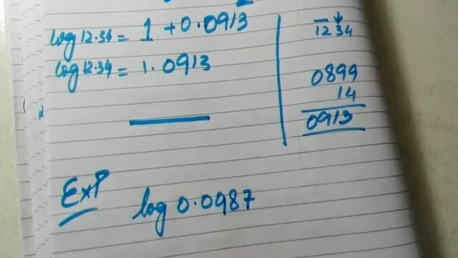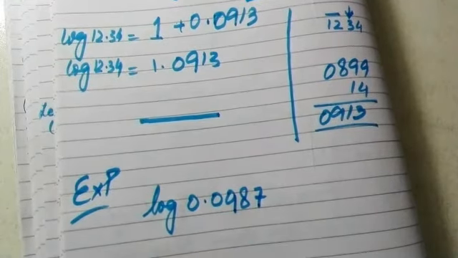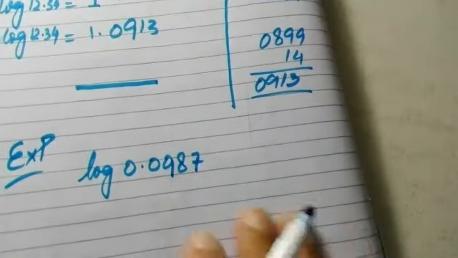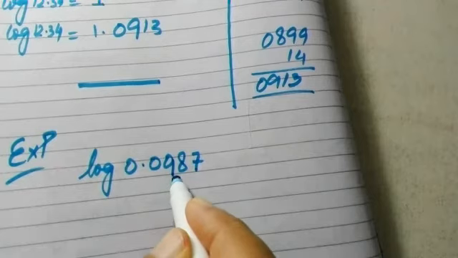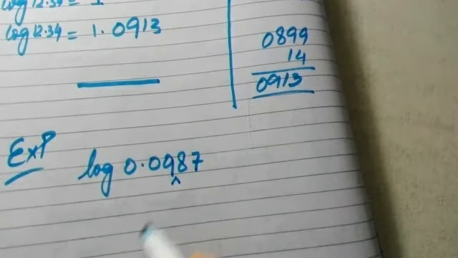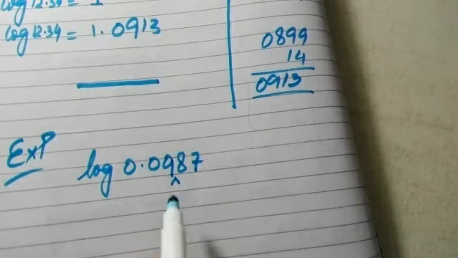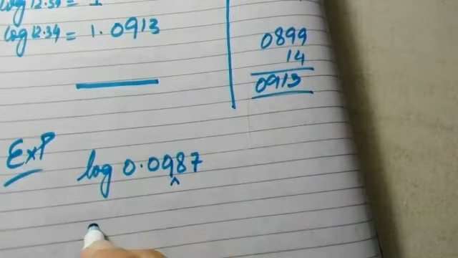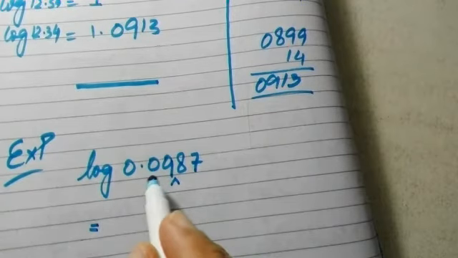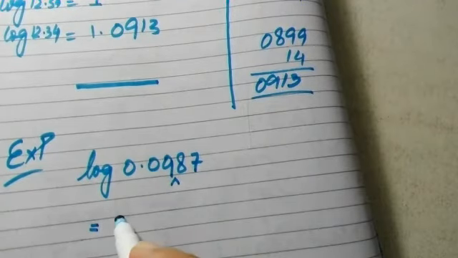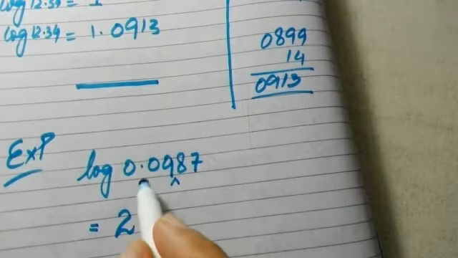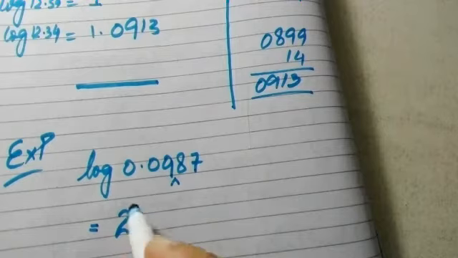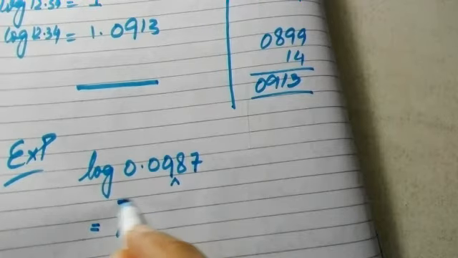I have to find the logarithm of this number. First of all, I have to find the characteristic. After the first non-zero digit, you will mark a place called the reference position and count the number of digits between the cap sign and the point. You can see that there are two digits, 0 and 9. So your characteristic will become 2, but because the decimal sign is before the cap sign, or in other words, the number is less than 1, you have to mark the characteristic as negative.